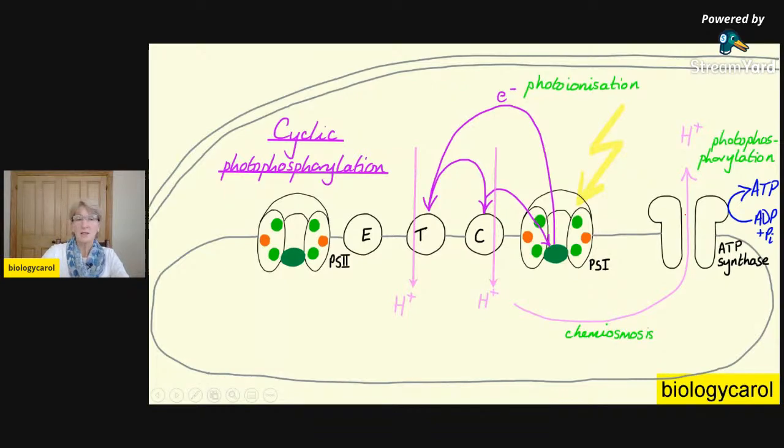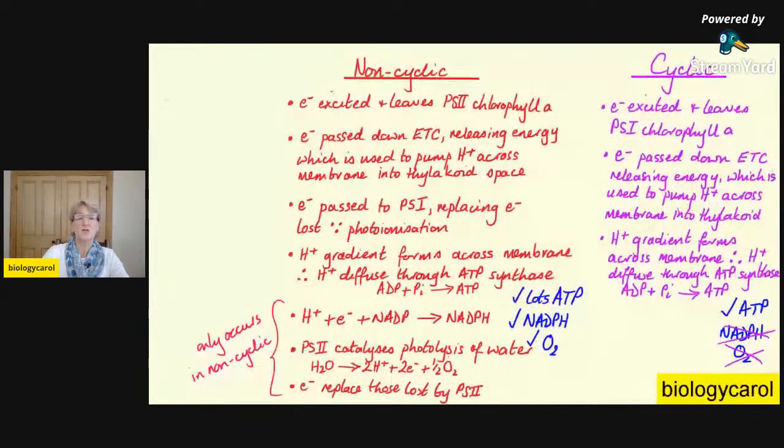So I think now we are at the stage where we can actually compare non-cyclic and cyclic photophosphorylation. Hopefully you can see that in both non-cyclic and cyclic, an electron is excited and leaves a chlorophyll A molecule.